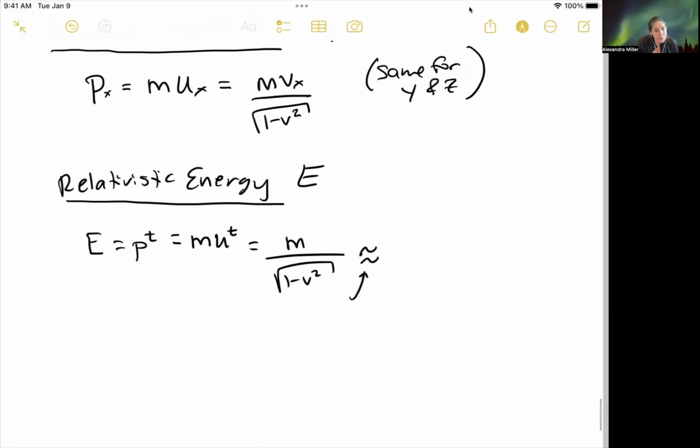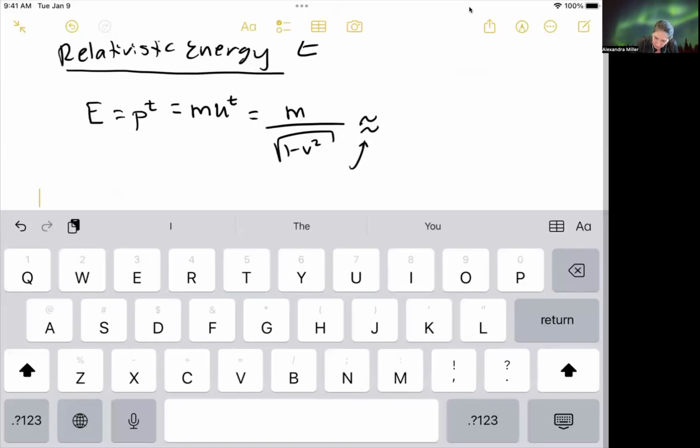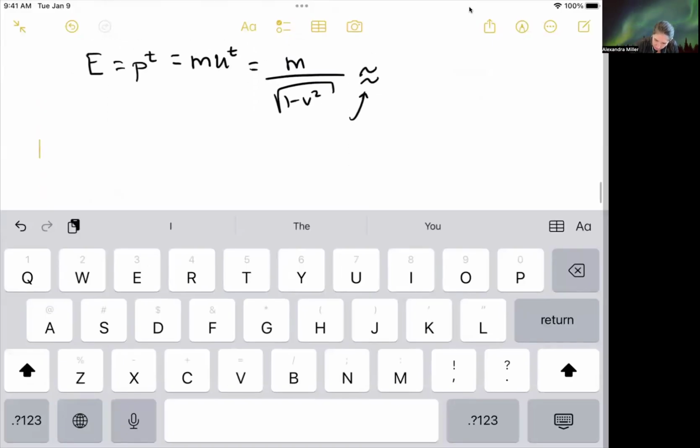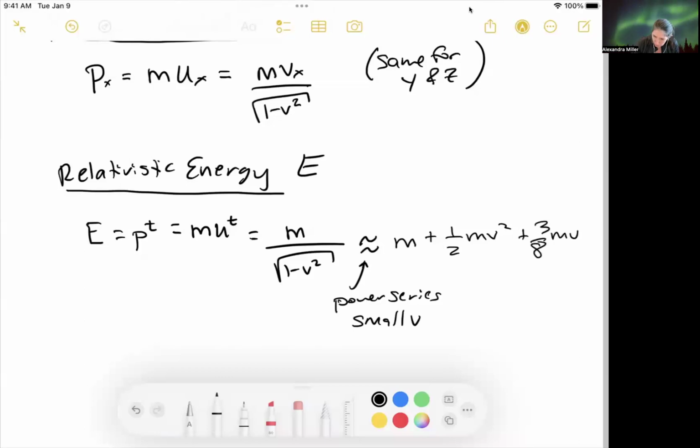Well, if we consider the slow limit, and again, slow, I just mean relative to the speed of light, let's expand in a power series for small v. What does this look like? This looks like m plus 1/2 m v squared plus some higher order terms, which of course, if v is small, just get smaller and smaller.